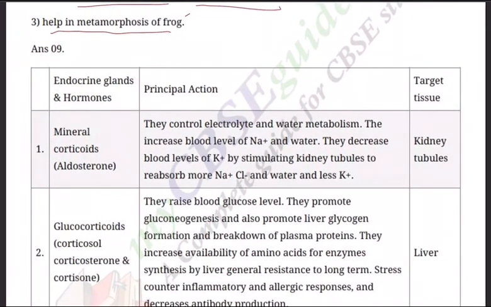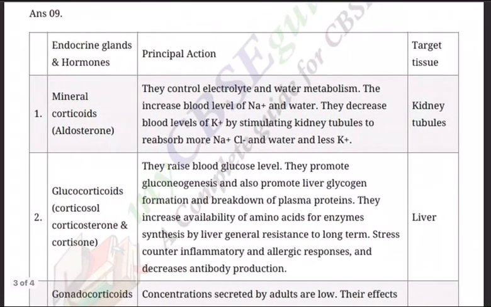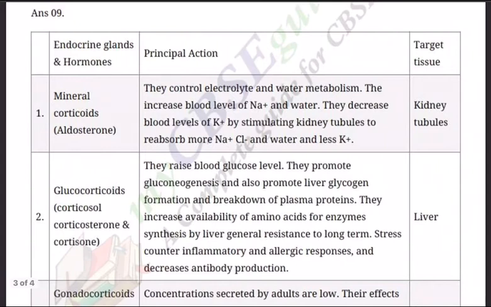Next, question number 9. Endocrine glands, hormones, principal action, what is the function, and target tissue. Here, the question that was asked is the adrenal gland. So it secretes mineralocorticoids, aldosterone. What is the action of aldosterone? They control electrolytes and water metabolism, very, very important.